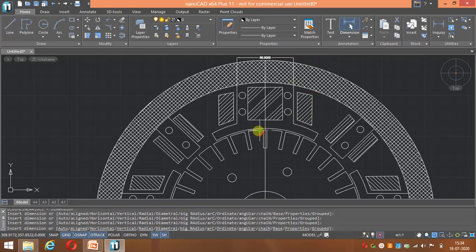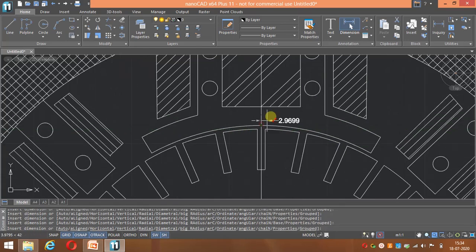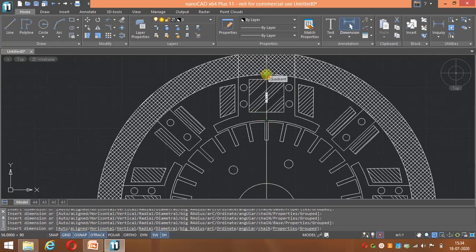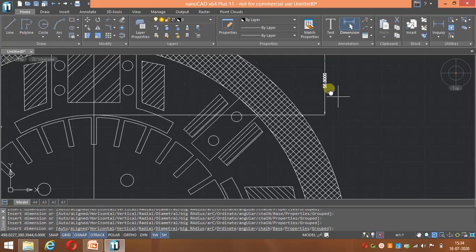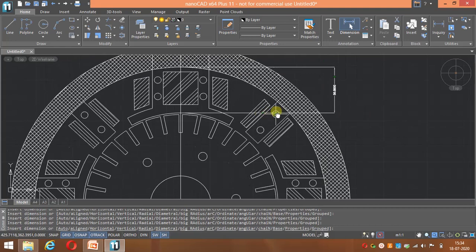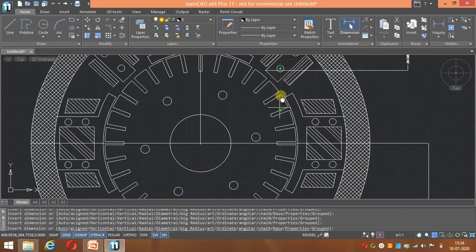Okay, and the pole height from this point to this point, it is 56, as I already said, including pole shoe. Okay, and then from ear to ear it is 20 mm, that is interpole height.